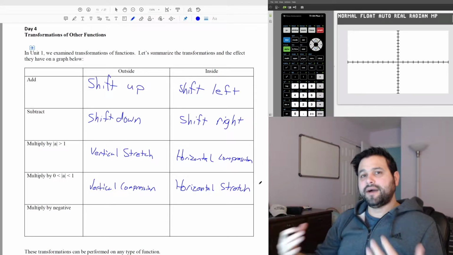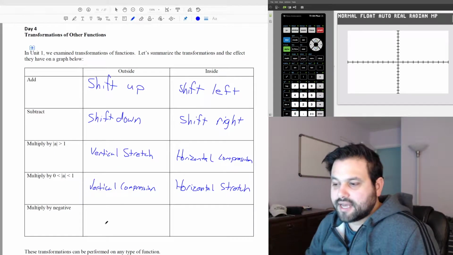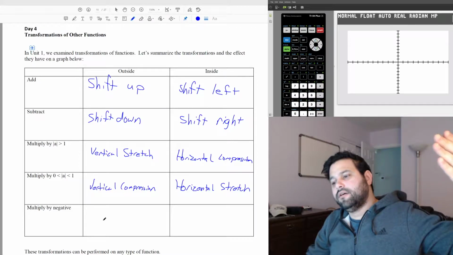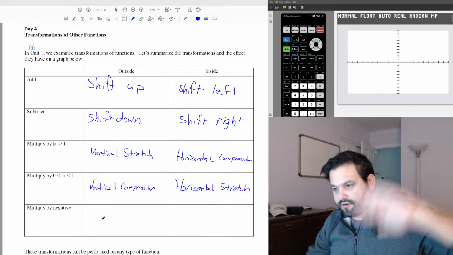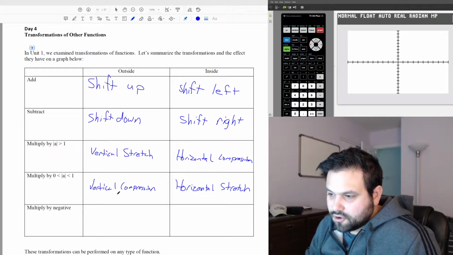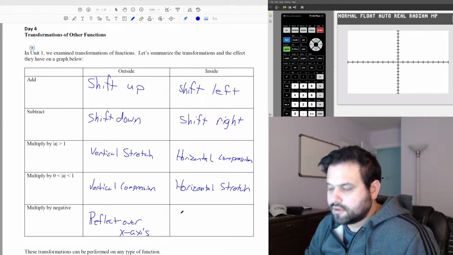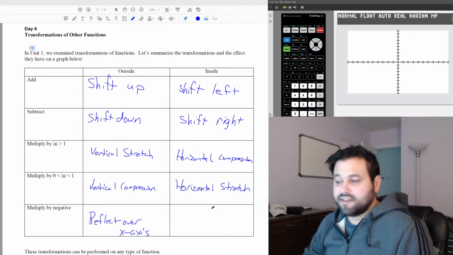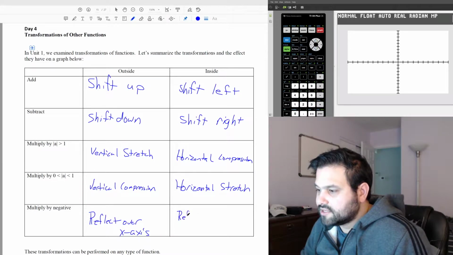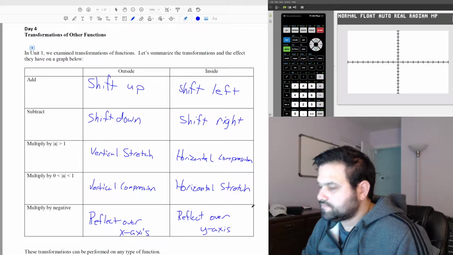If we multiply by a negative on the outside, it's going to multiply all of those y values by a negative number, and essentially it's going to reflect over the x-axis. And if we do that on the inside of the function, we're going to reflect over the y-axis.